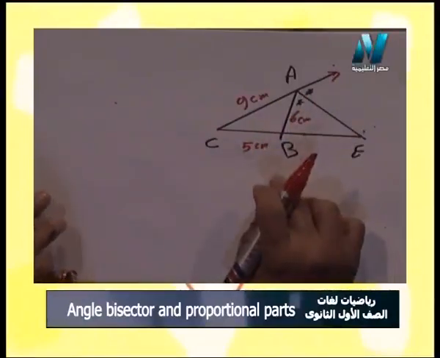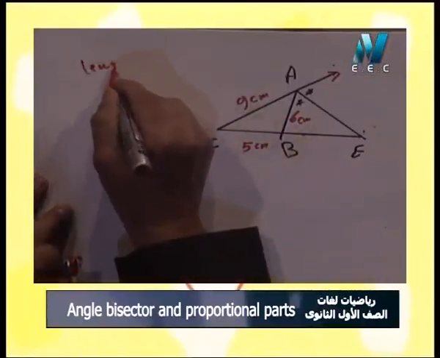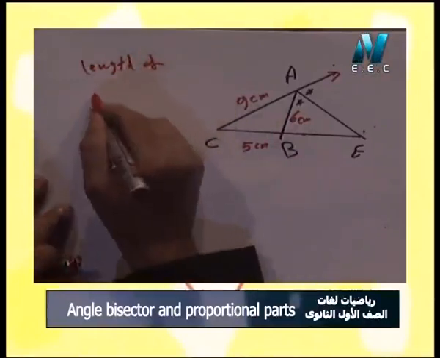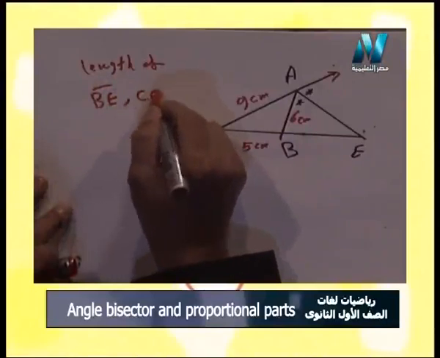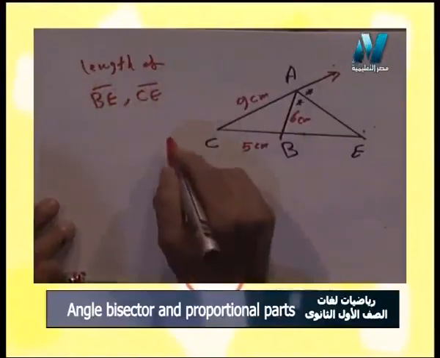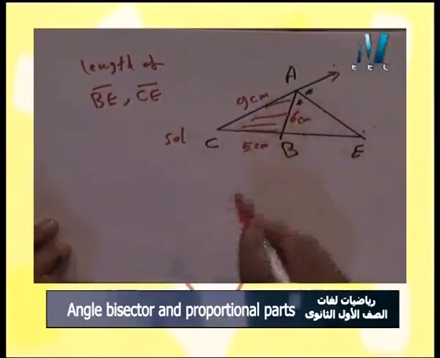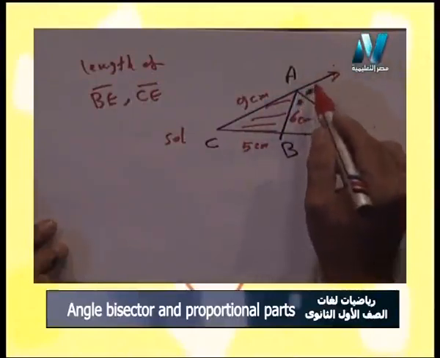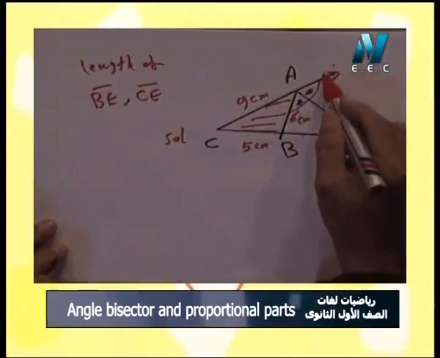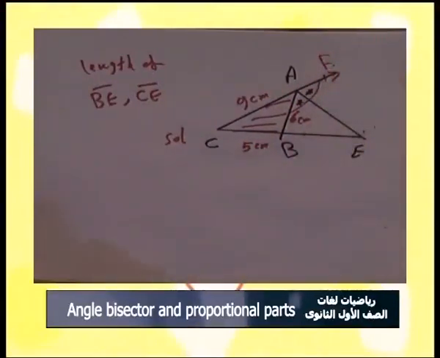The required solution is to find the length of the line segment BE and the line segment CE. Solution: we have triangle ABC, and we have an exterior bisector for the angle BA. We can call it F. Concentrate well to find the ratio.